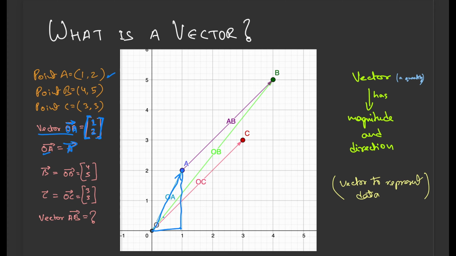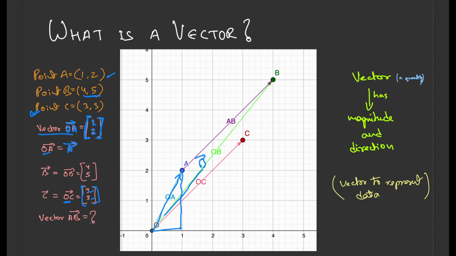Similarly, for OB, we can use just B to represent this vector. The value for the OB vector is [4, 5], which is the same as the coordinate of point B. And for this C vector, which is also OC, the coordinate is [3, 3], which is the same as the coordinate of point C. So these are the first and second components of this vector C.